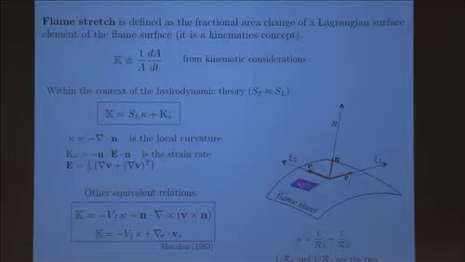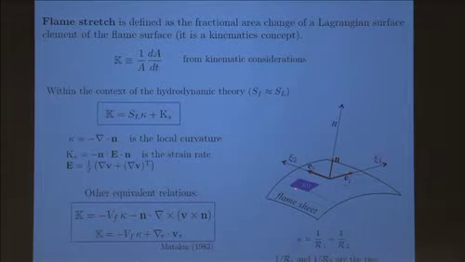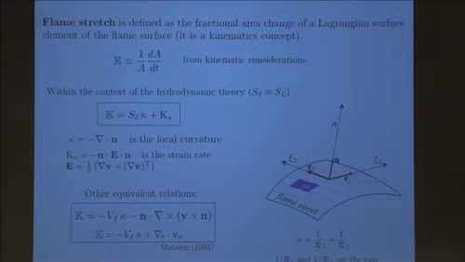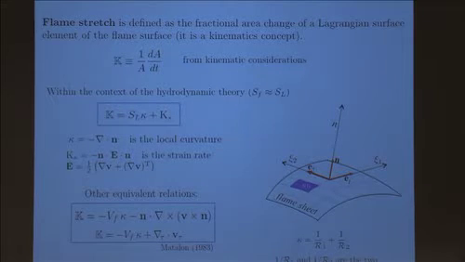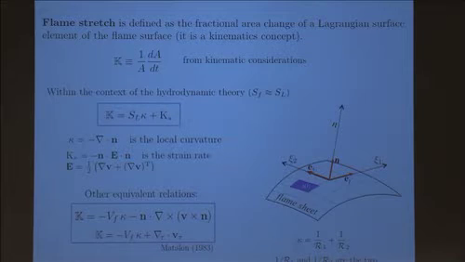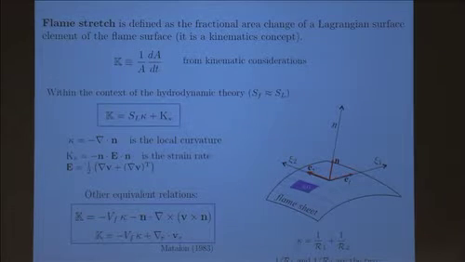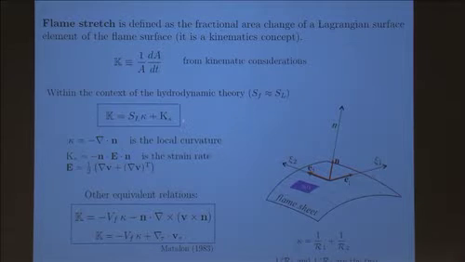Then what we have to do is look at an area like the blue area here and ask, after a small time delta t, how did this area get distorted as a result of the propagation and the fact that there is a flow field that changed from time t to t plus delta t.